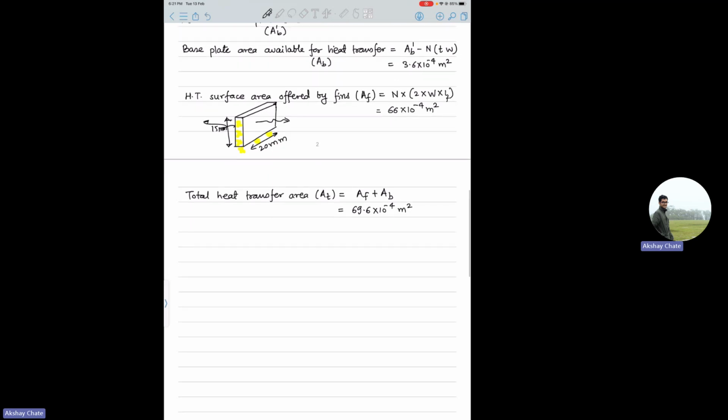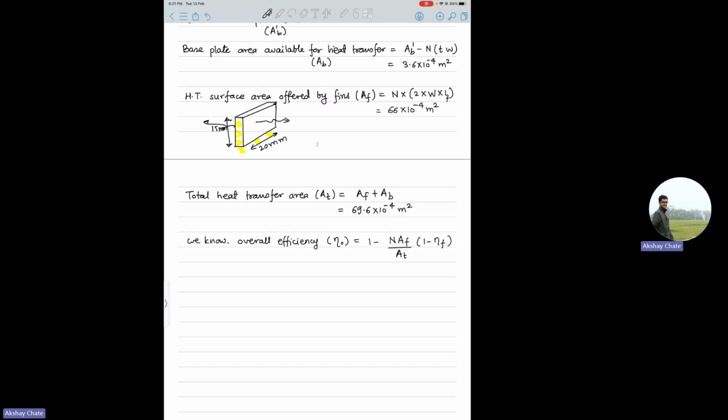Now we know the formula for overall efficiency. Overall efficiency is given as 1 minus n AF divided by AT, total area, into 1 minus fin efficiency.